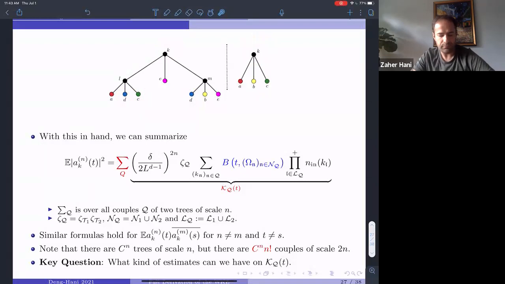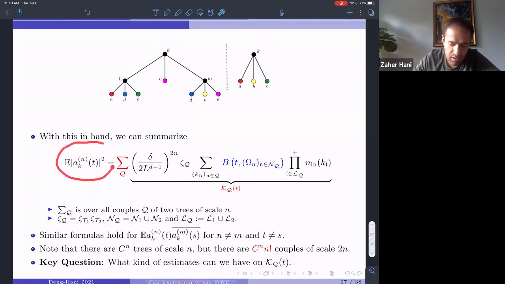So as a result of this, we can summarize again. If I'm looking at the expected value of AK, the nth iterate of K squared, then this is the sum over all couples Q of scale 2n, and those couples are obtained from two trees of scale n.